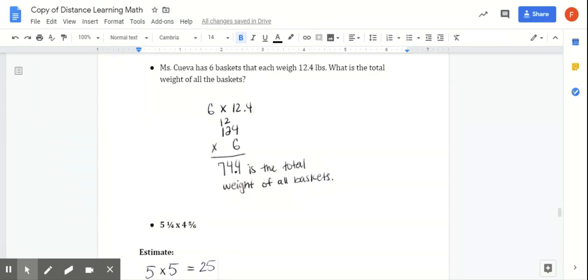Miss Cueva has 6 baskets that each weigh 12.4 pounds. What is the total weight of all baskets? Made sure to write out my number sentence, which is 6 times 12.4 pounds.